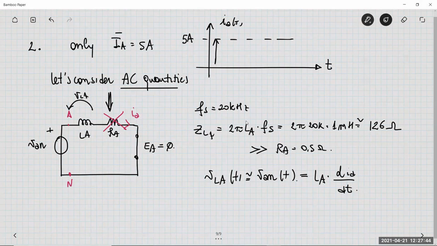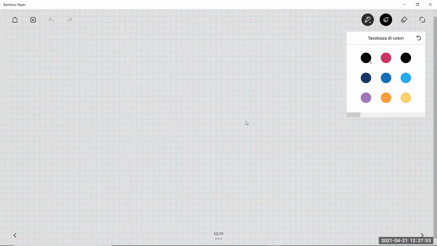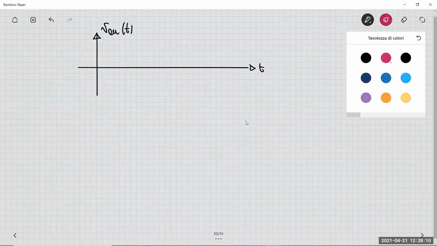So let me consider these expressions to plot the behavior of the inductor current, of the ripple of the inductor current. Here I want to plot VAN of t, so this is the AC contribution, no more DC quantity. And this is something like this.